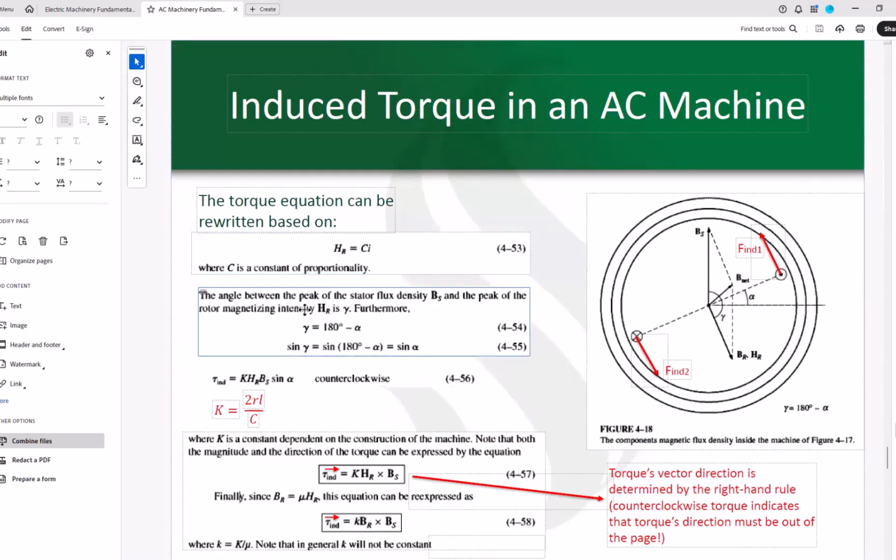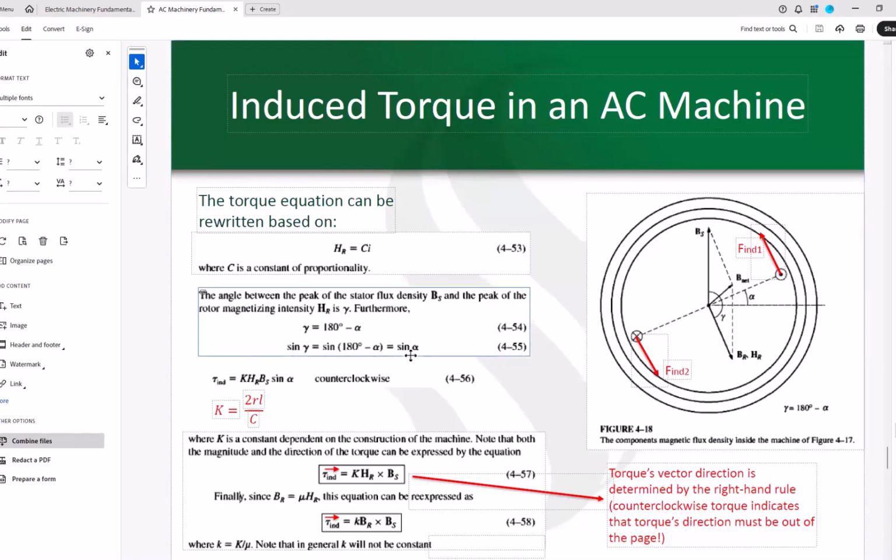Also, the angle between the peak of the stator flux density and the peak of the rotor's magnetizing intensity, H_R, if you call that angle gamma, that gamma would be 180 minus alpha. So this is geometry, okay?